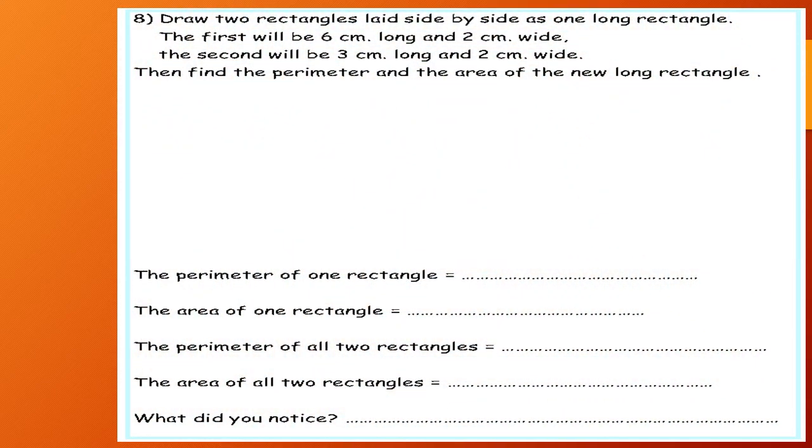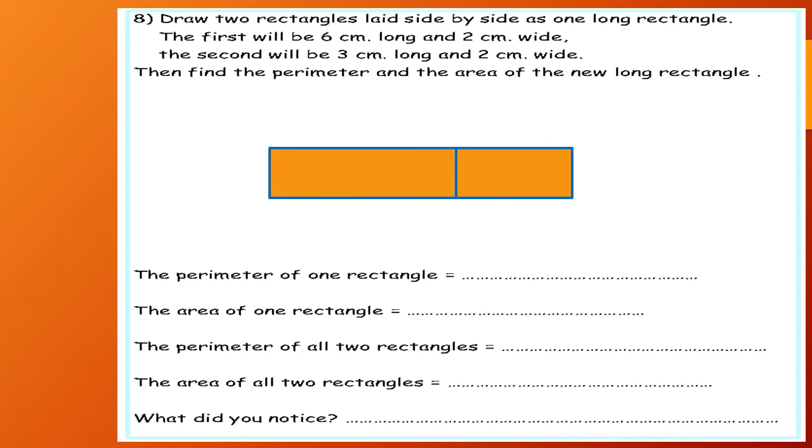Number 8. Draw two rectangles laid side by side as one long rectangle. The first will be 6 centimeters long and 2 centimeters width, and the second 3 centimeters long and 2 centimeters width. Find the perimeter and the area of the new long rectangle.